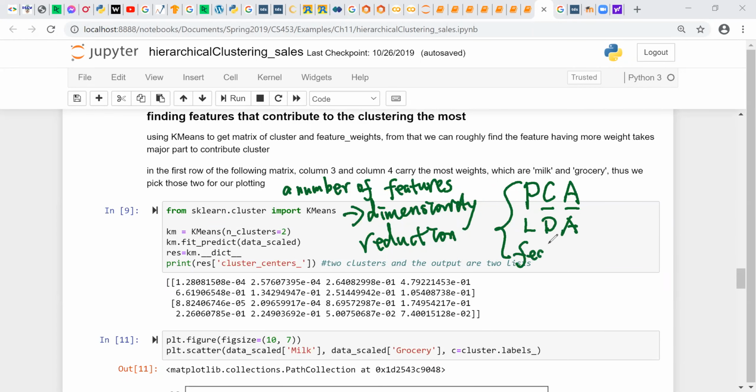For features, we can use what? Feature importance. You remember feature importance with random forest and decision tree? In sklearn, you can collect the feature importance, that number.